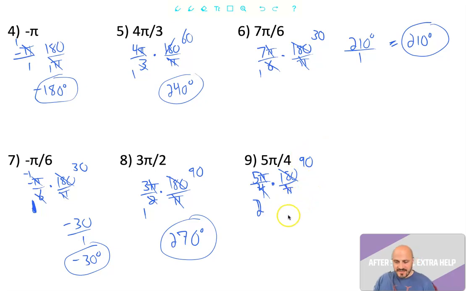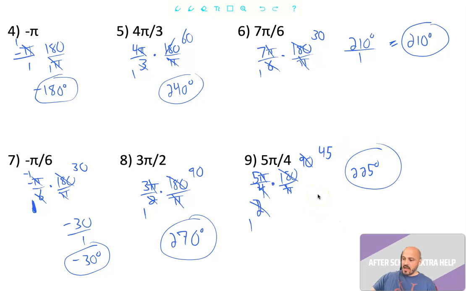Oh, and I'm being a dummy, but that's okay. That's why you take your time. We could multiply by 5 times 90, but if you had a little more clarity of mind, you would see that you can continue to divide. 2 goes into 2 once, right? And 2 goes into 90 45 times, right? So 5 times 45 is 225 degrees.